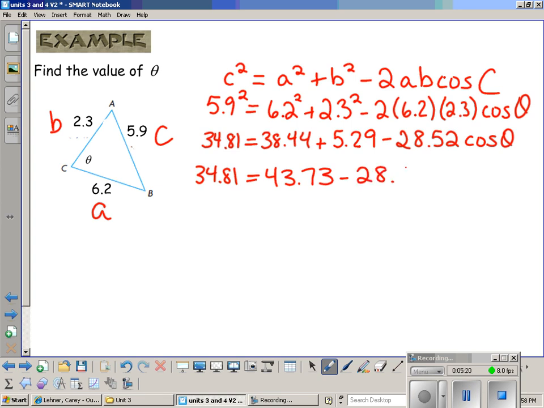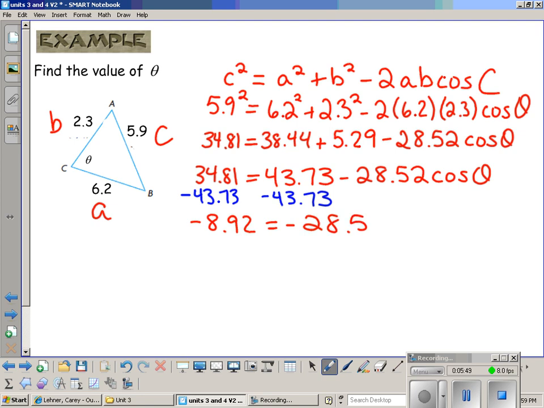Subtract 28.52 cos theta. So we're trying to get cos theta by itself, just like if you had a variable x. So we go through our process of solving a linear equation. We're going to subtract 43.73 from both sides. And we will end up with negative 8.92 equals negative 28.52 cos theta.